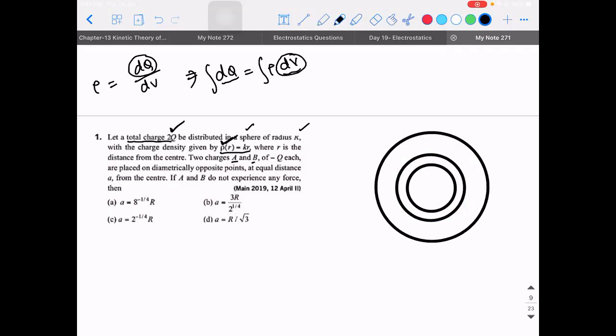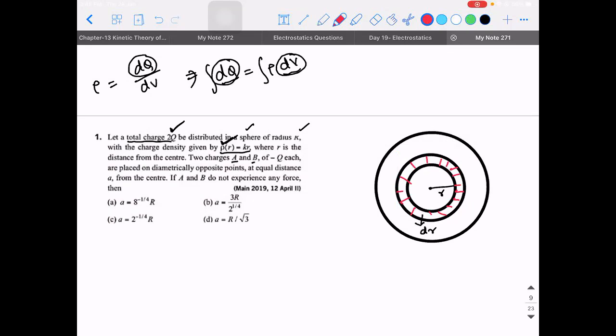Now the spherical shell should be at a distance r from the center, and that should have a thickness of dr, such that I should be in a position to define the value of dq inside the spherical shell. Does this make sense?